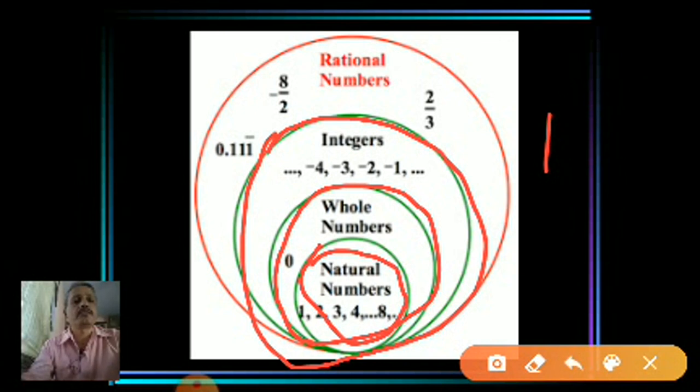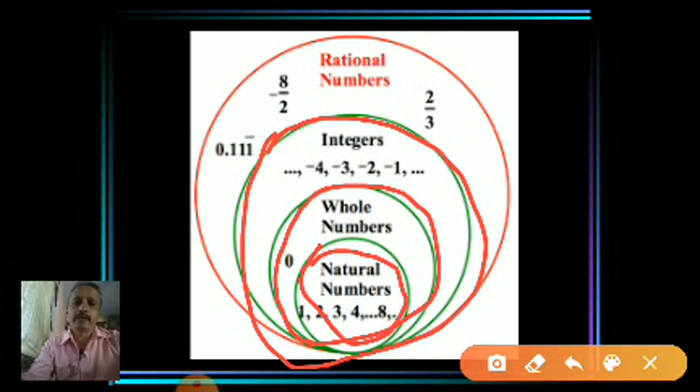But there is one definition for a rational number. It comes in the form of p upon q, or you can say a upon b, where q and b never become 0. These forms represent rational numbers.